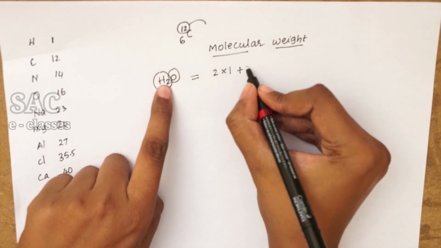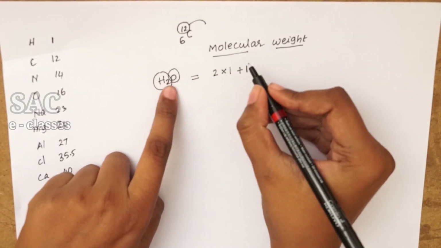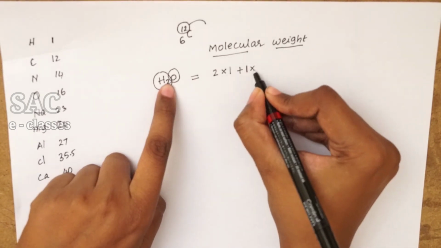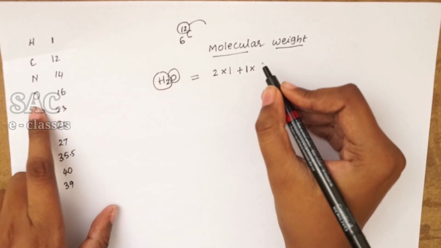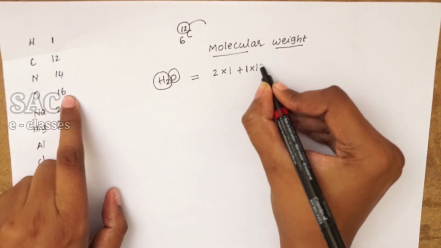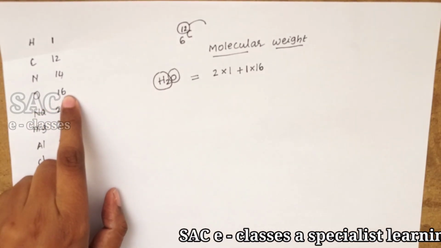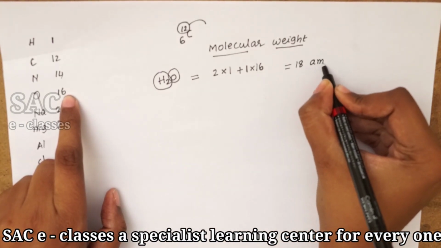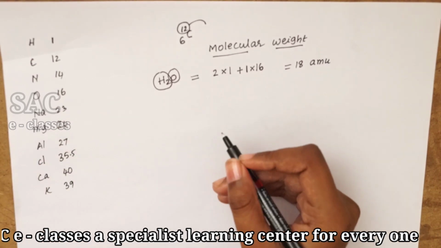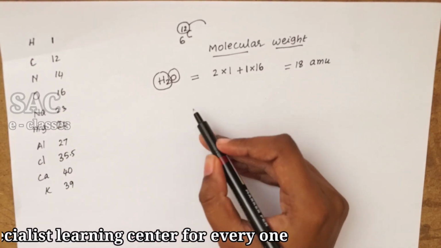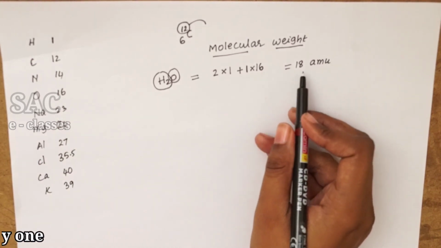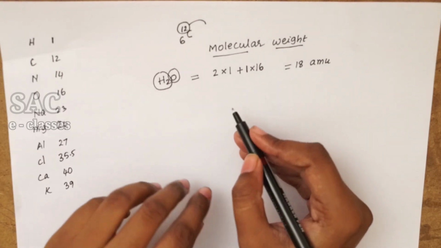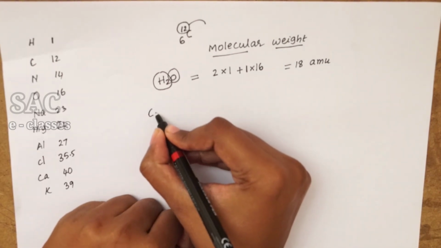Only 1 atom, so 1 into 16, each oxygen having atomic weight 16. So what is that? 18 atomic mass units. So the molecular weight of water is 18 atomic mass units.